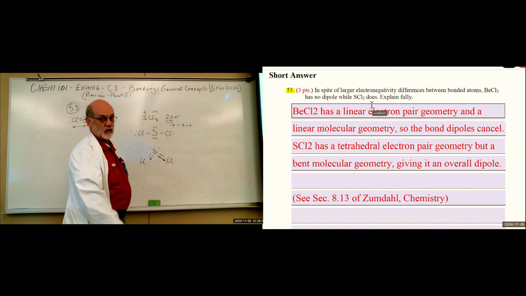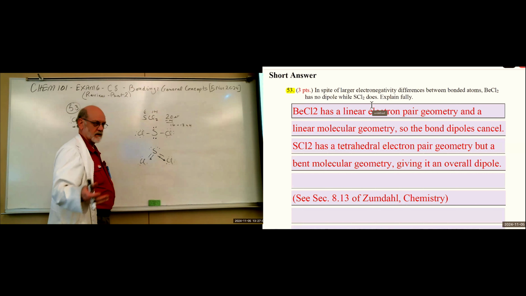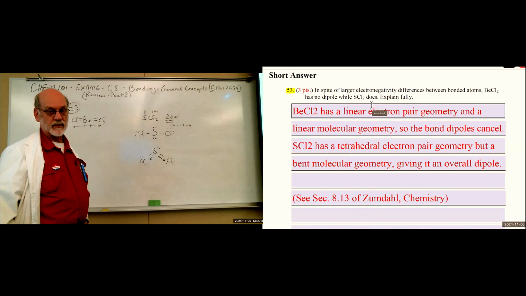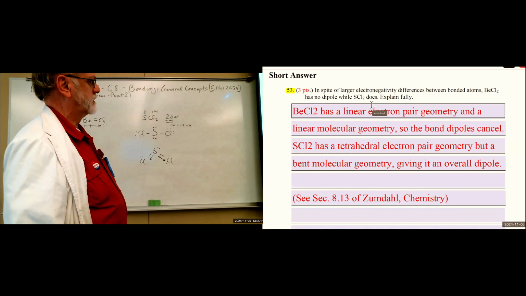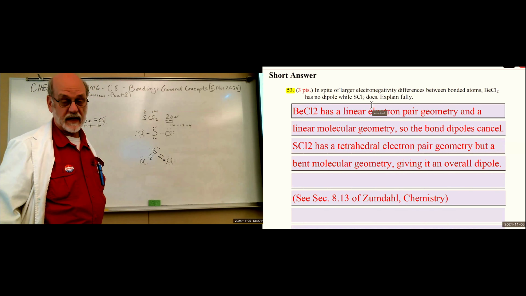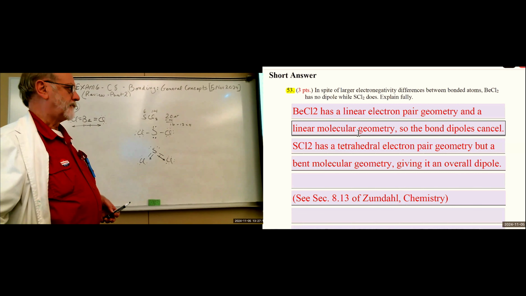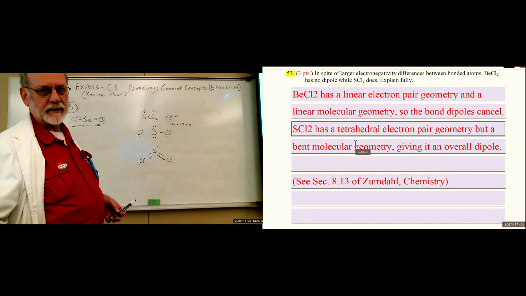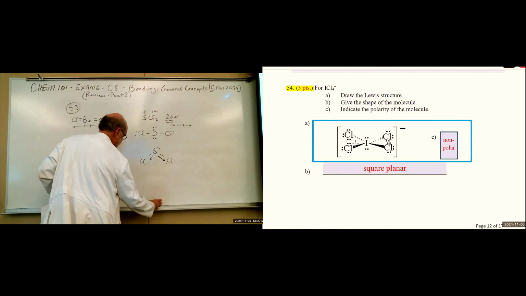Anyway, it is polar, because these are polar bonds that are unbalanced in the geometry. And I put it in those words. I didn't subscript the twos. I think this is an old document. I know how to do that now, but I just didn't change it. Okay. 54.